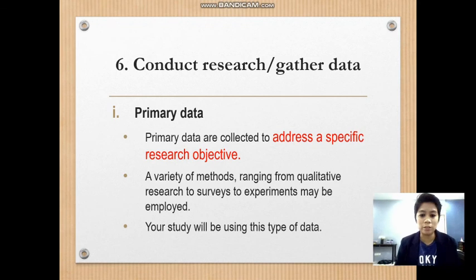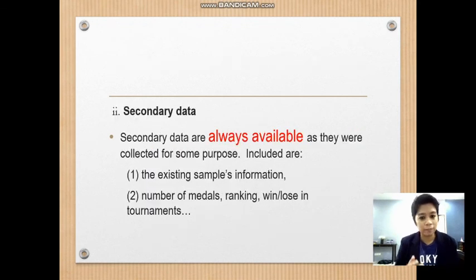Secondary is available data, for example existing sample information, the number of medals, rank, win, lose in a tournament. For example, you will recruit samples who are winners for the Sukma, only those who became first in that sport, and they will become the respondents or participants. So that's secondary data. From that, I recruit them.